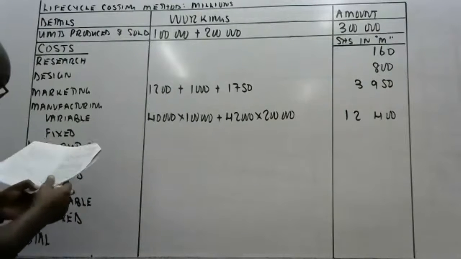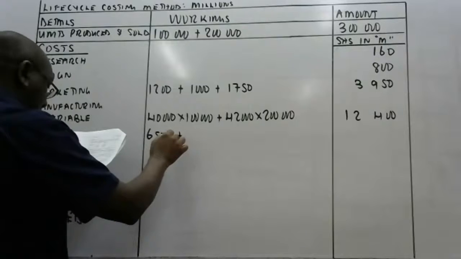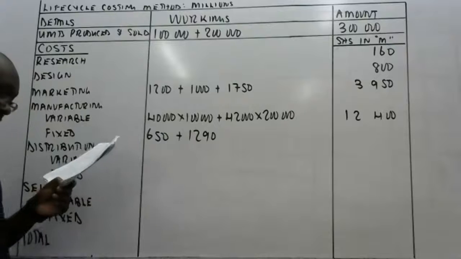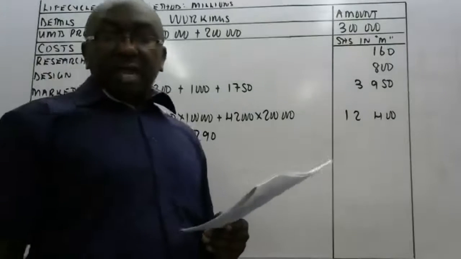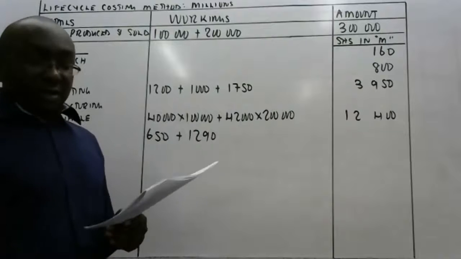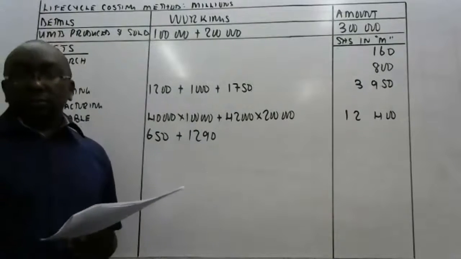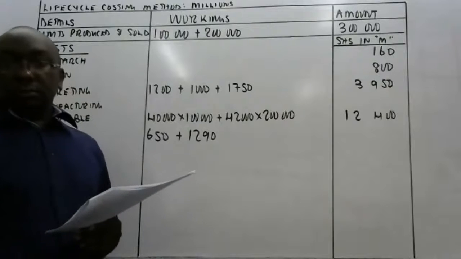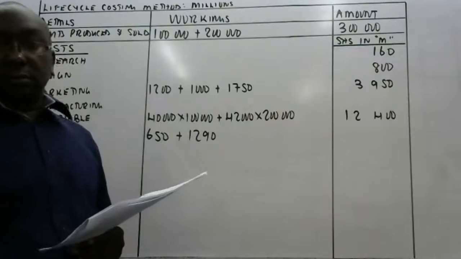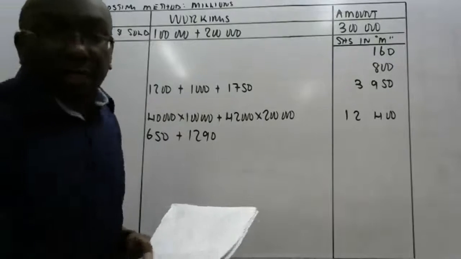Let's go to the manufacturing. For the manufacturing, the fixed we have 650. You add 1290. So 650 plus 1290 is what? 1940.